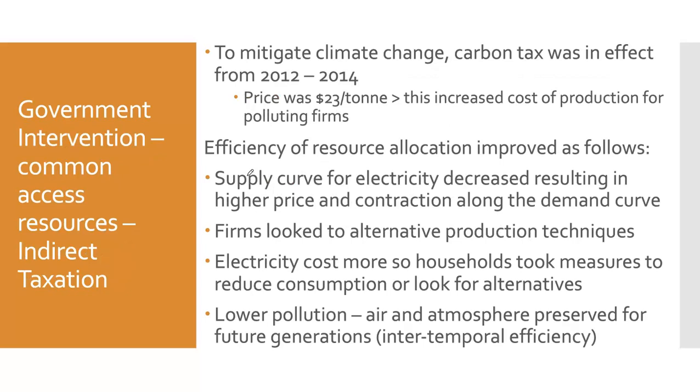And one that was particularly effective for a while was the carbon tax, which was in effect for a number of years to try and punish businesses that were polluting the air, putting too much carbon in, but they weren't feeling the impact for that. And you're welcome to have a read of this slide.